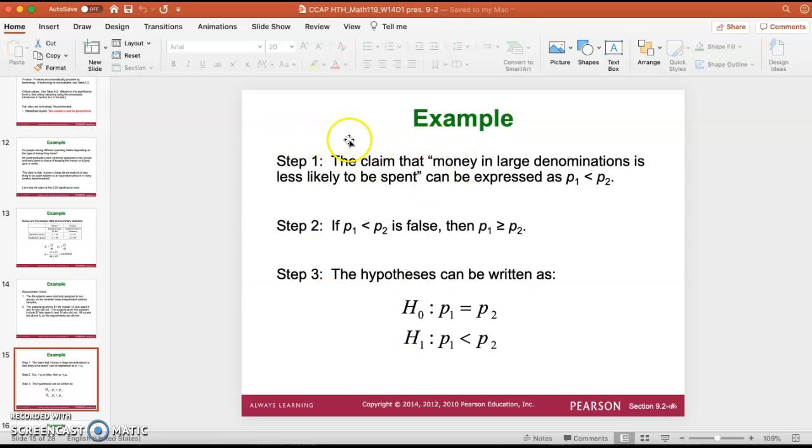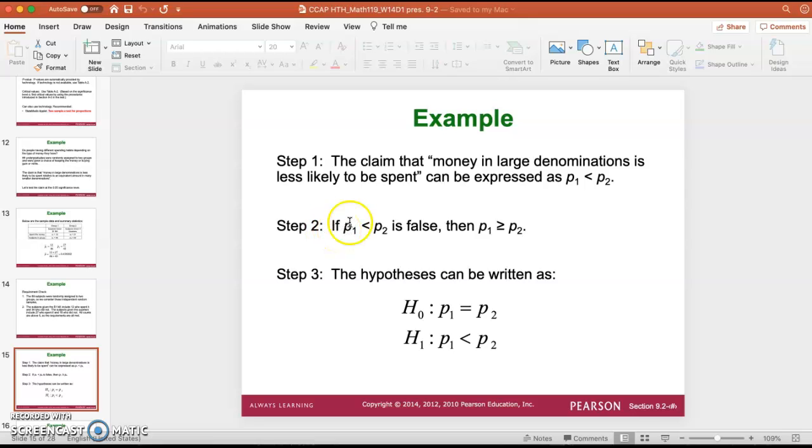So now just start doing a hypothesis test. First step, just seeing what the claim is, that money in large denominations is less likely to be spent, and that's where you can express it mathematically, where p1 is spending for the dollar bills and p2 is spending for the coins. Now step 2 is just the opposite of that claim.